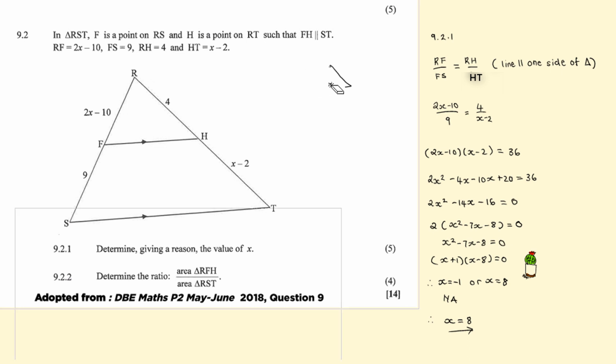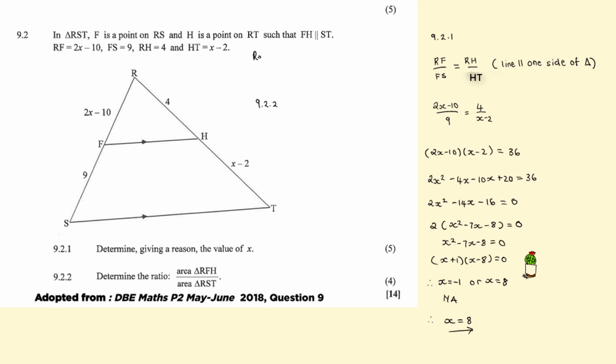Unfortunately, we cannot apply that theorem over here because they're asking us to find the ratio of the area of the small triangle to this big triangle. Those two things don't have the same height, obviously. So we are not going to be able to use the proportion of their bases, right? However, we can go back to something else that we know about area.